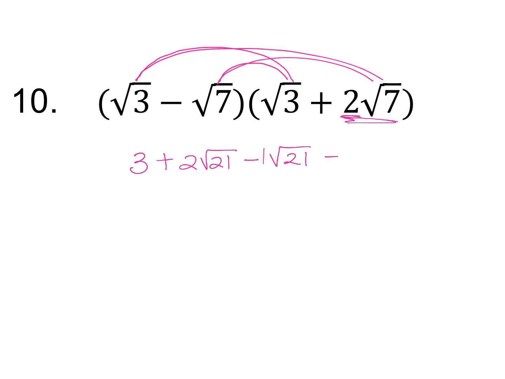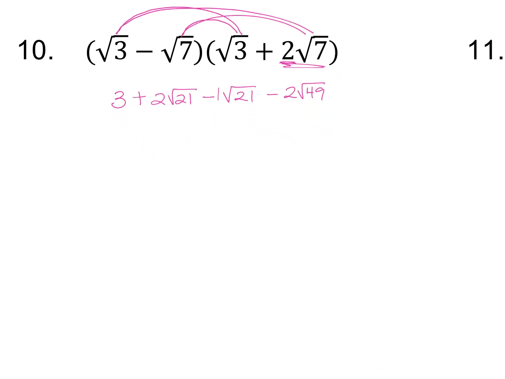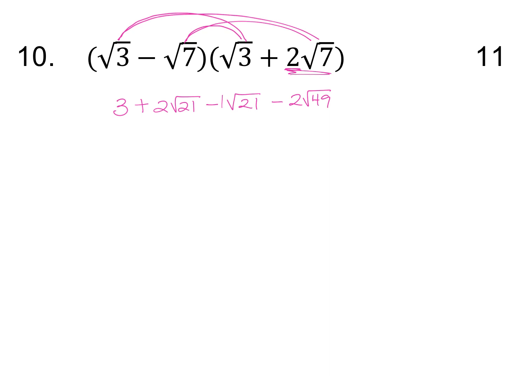So that's going to be minus 2 rad 49. Okay. So simplify that. 2 rad 49 is 2 times 7, right? So it's minus 14.